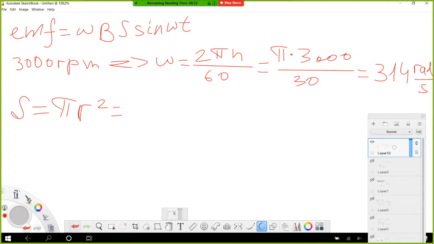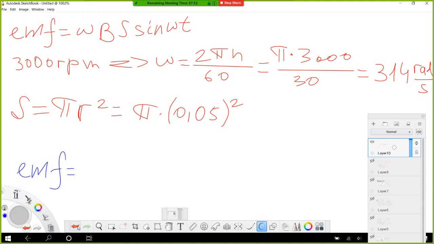The area of our circular loop is equal to pi r squared, which is pi multiplied by r, in our case 50 millimeters, 0.05 squared. Okay, we put all the numeric values in our equation of EMF.